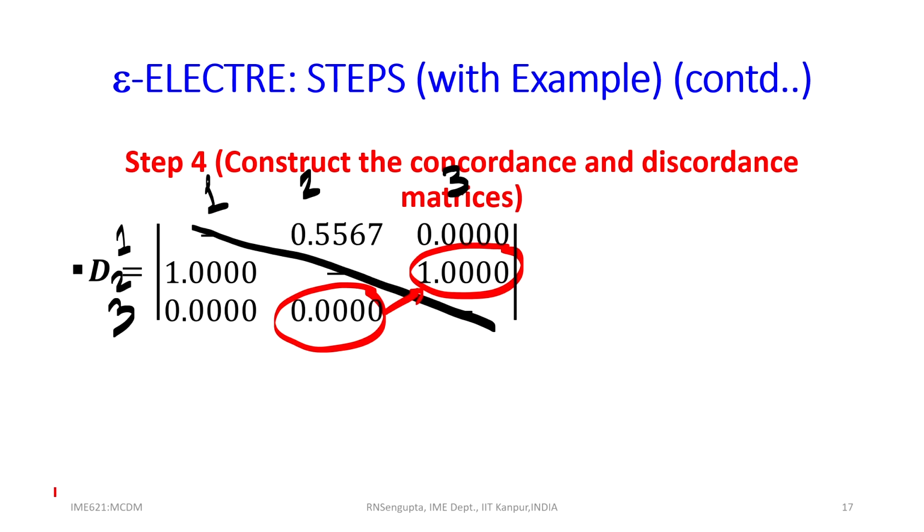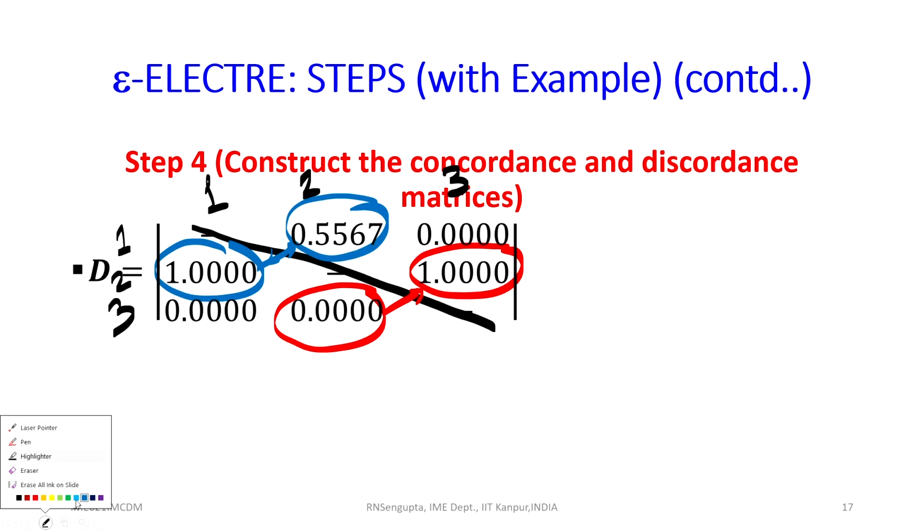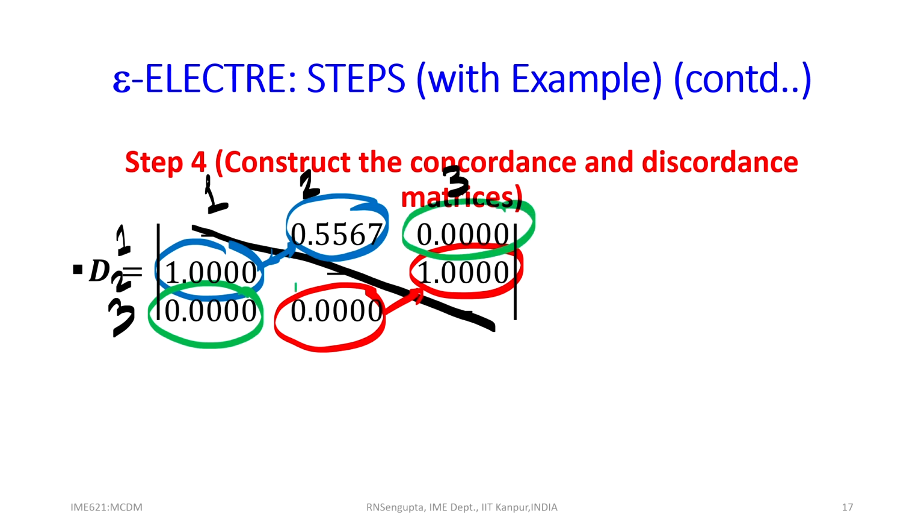If I consider this one 1 with respect to 0.567, again asymmetric, and also one point, the value is same, but asymmetricity is the core characteristic of this matrix. These values are 0, so these values are exactly the same, that is coincidentally.